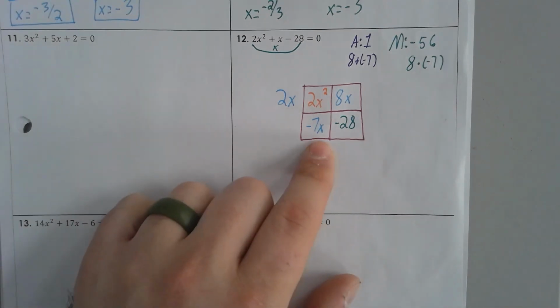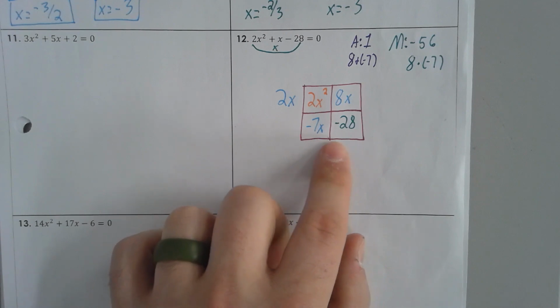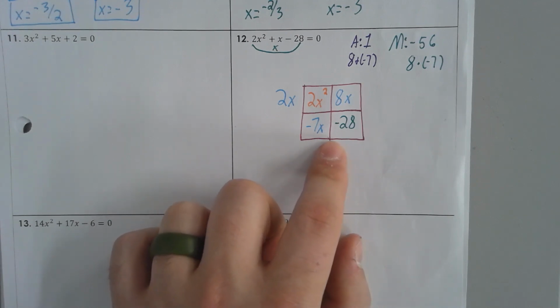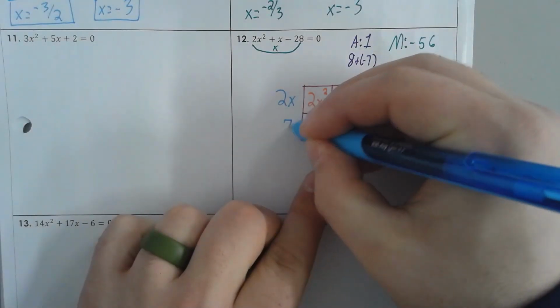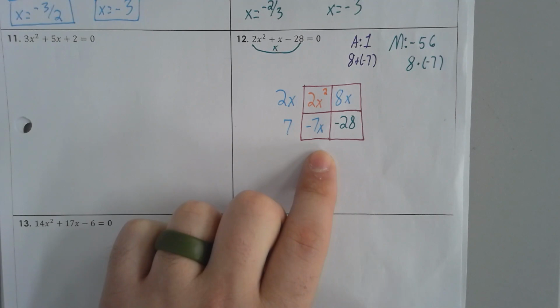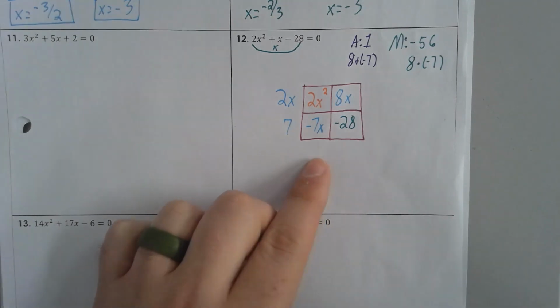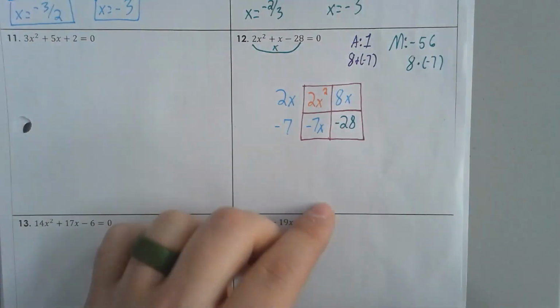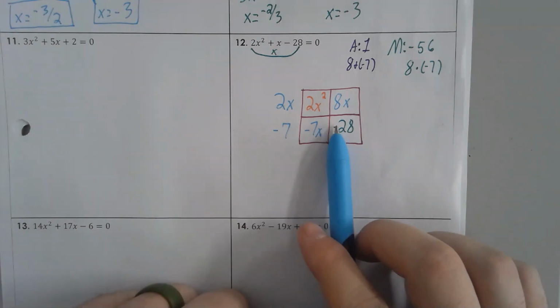Now on the bottom, we've got a negative 7x and a negative 28. So we're going to be able to pull out a 7. Do you think it's going to be positive or negative? If both of them are negative, we're going to pull out a negative 7.